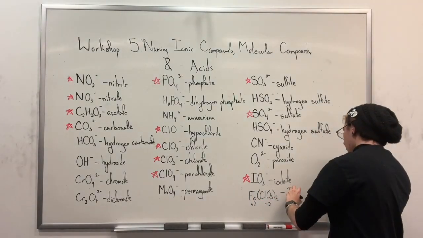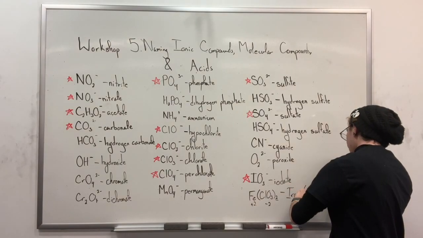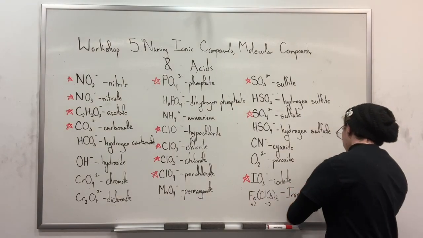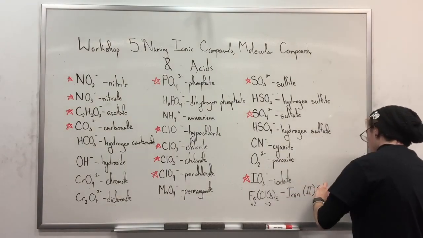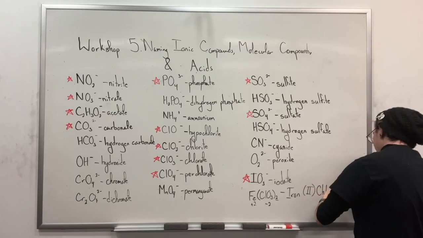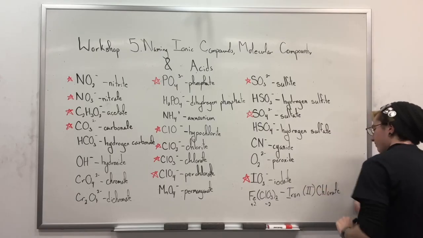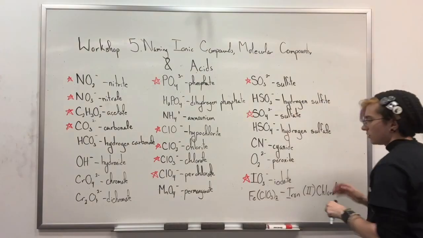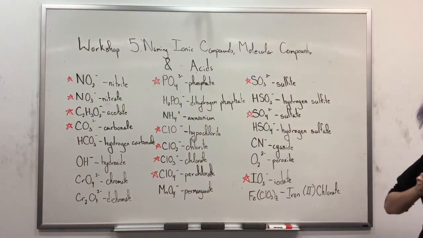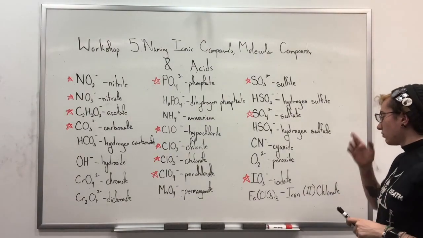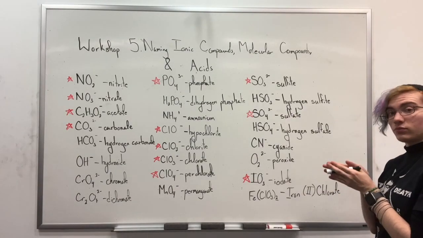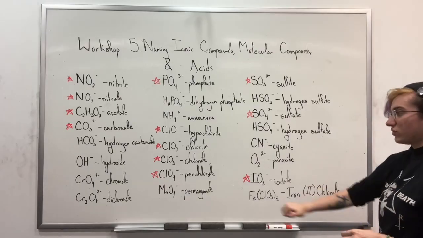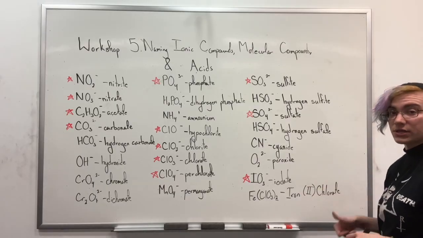This is iron 2 chlorate. The rules themselves aren't changing. It's still metal and then non-metal. But now you don't have to worry about the suffix. The only thing you should worry about is making sure you write the name in the correct order. And if it's a transition metal, putting that charge in Roman numerals.